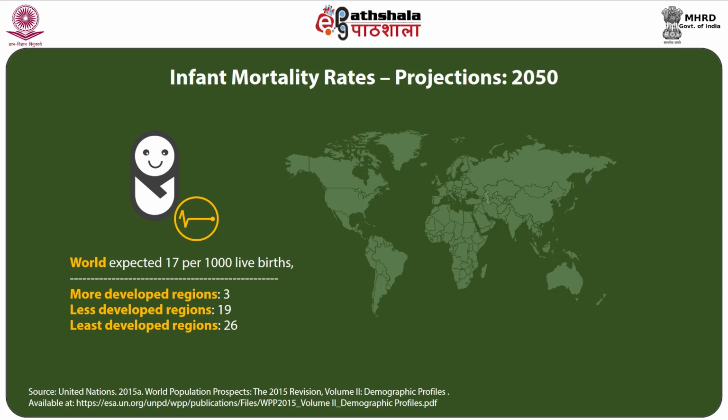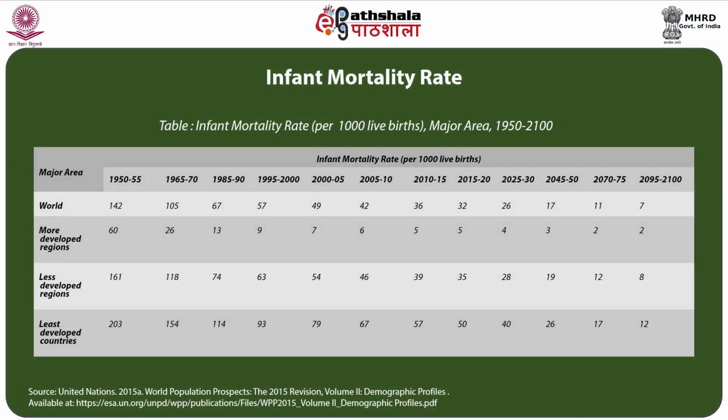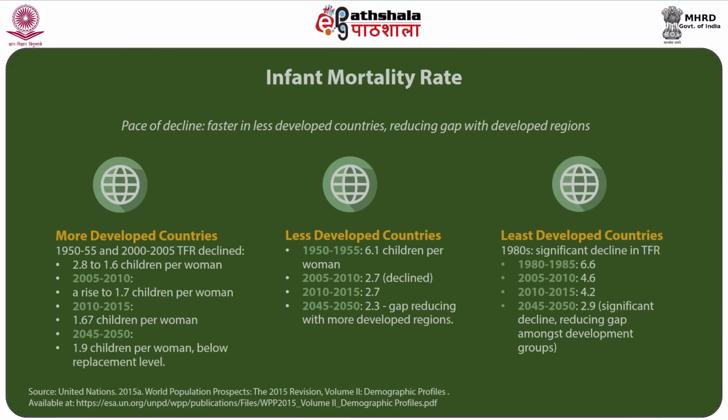In less developed regions it is going to be 19, and in the least developed regions as high as 26, which clearly indicates that major emphasis is required in the less developed and least developed regions for bringing down infant mortality rate. Then only can we say that our overall mortality has come down across different regions. Similarly, if you look at the reductions in infant mortality rate across different regions and the world as a whole, there is no doubt a steady decline over a period of time.